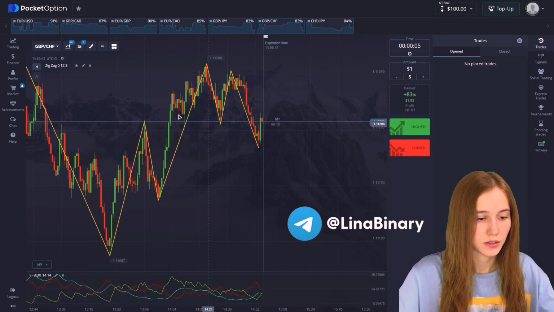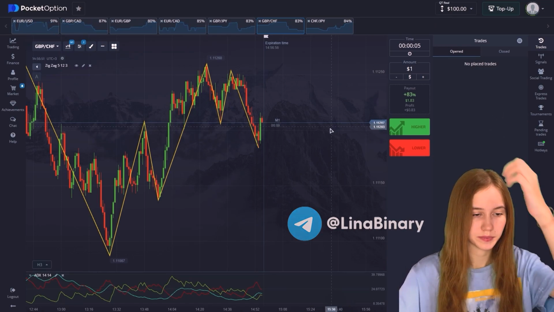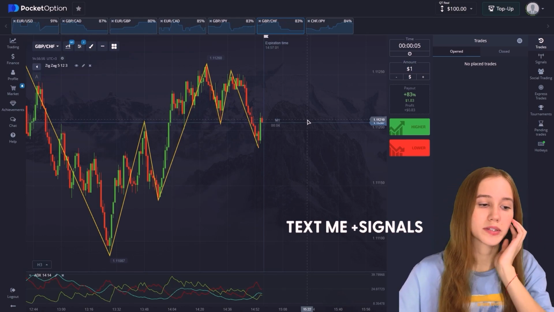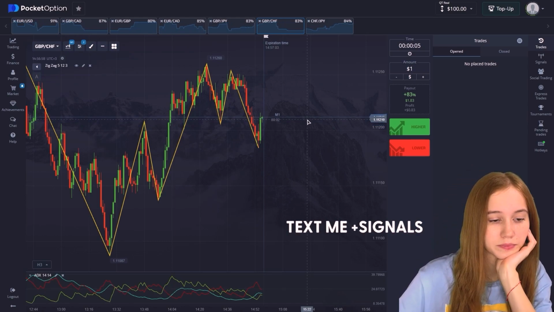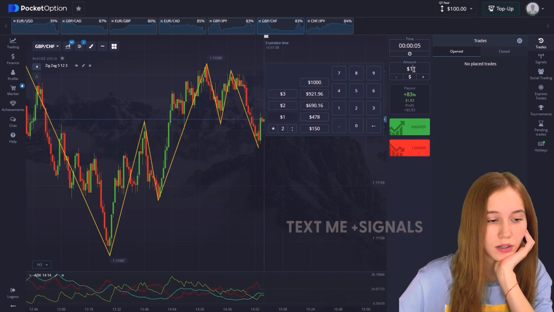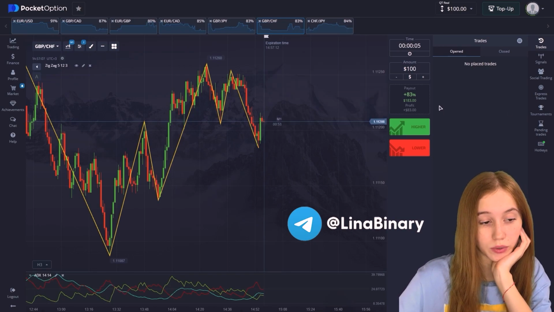So let's start on our workspace. First, we see today we'll trade with $100. We start with this sum, our starting balance. The amount of each deal will be $100 also.